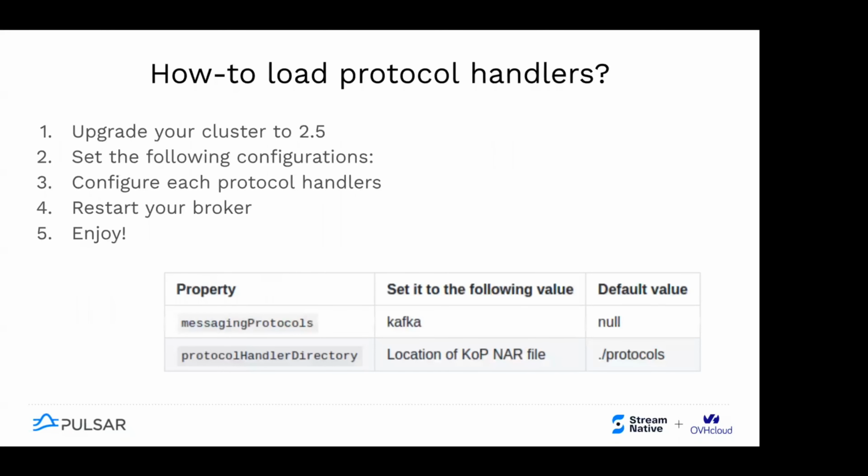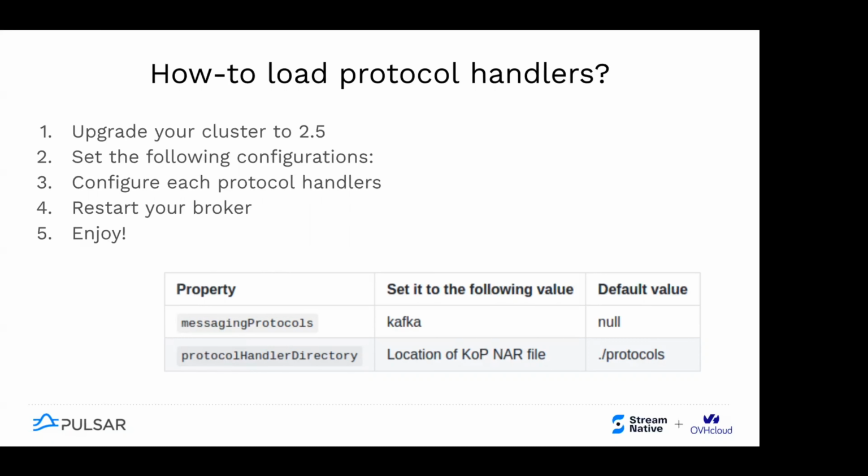To use a protocol handler, you need to make sure your Pulsar cluster is upgraded to at least 2.5. And you need to set the following configurations; there are basically two settings. One setting is called protocolHandlerDirectory. That is the directory where the Pulsar broker looks for all the NAR packages for the protocol handlers.